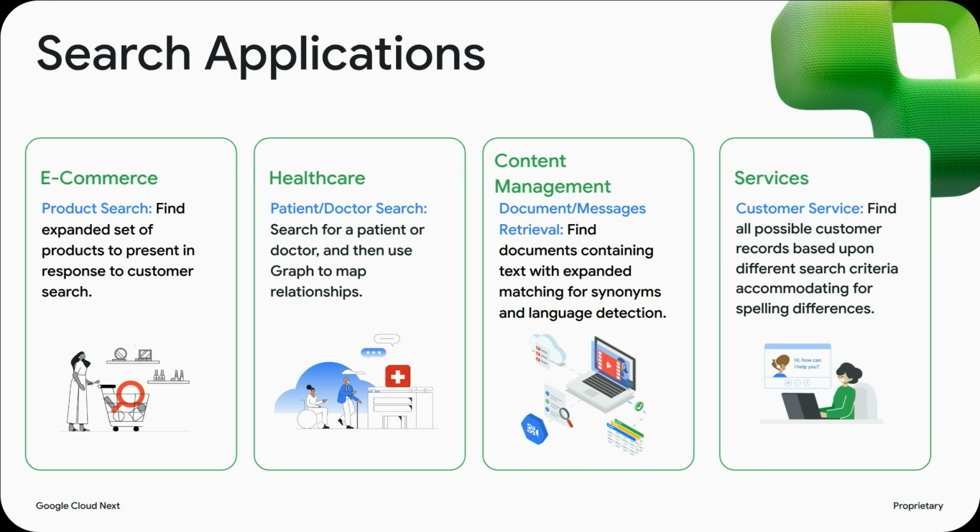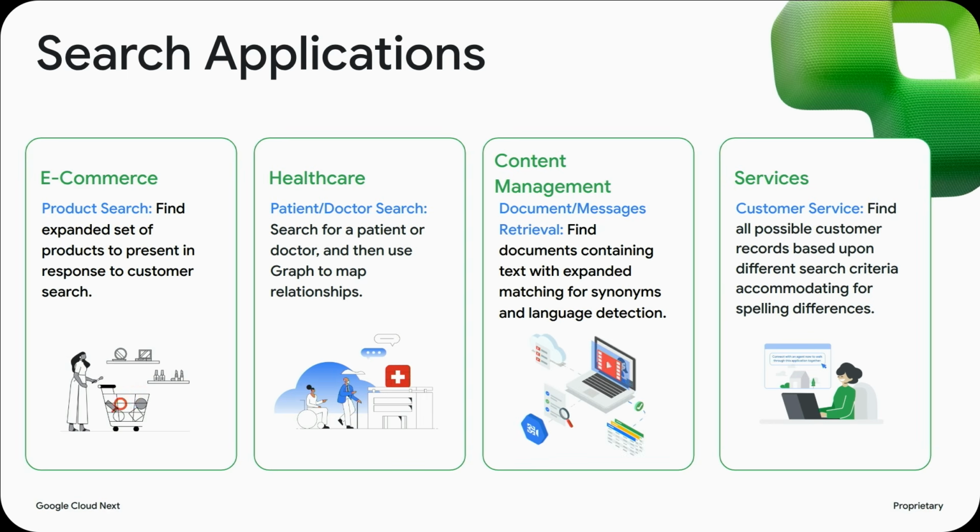You might need to search it using text, or you may actually use AI to understand the meaning of the data that's stored and then search based on context. Another example would be healthcare, where you're doing a patient or a provider search using the doctor's name or the provider's name. In these cases where you're using search, we need to be able to do a fuzzy search as well, where you might have spelling differences or other issues.